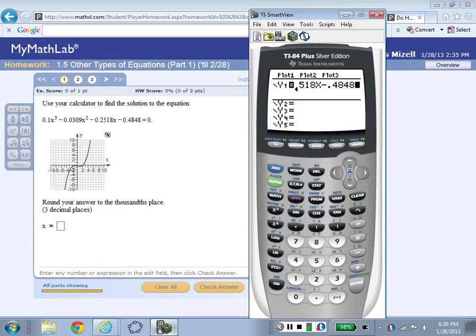And the button right above the divide button, we'll raise it to a power, second power, to the third power. Let me double check that I've entered it correctly.